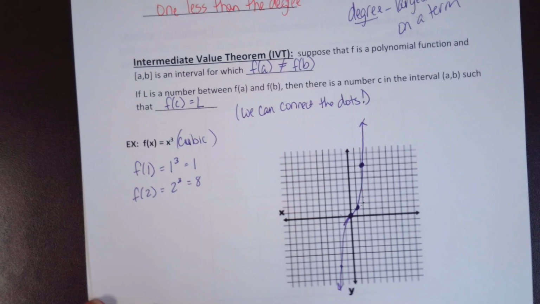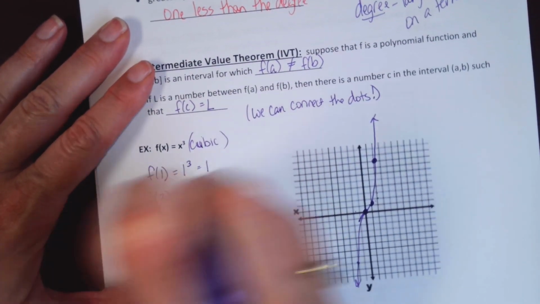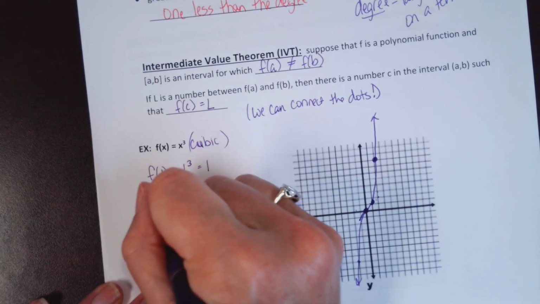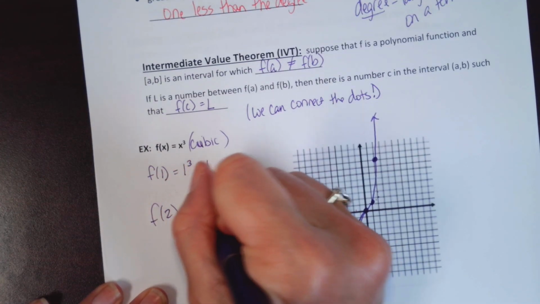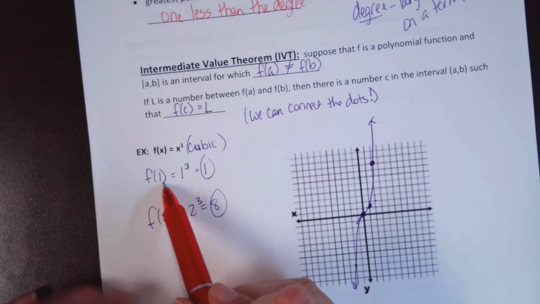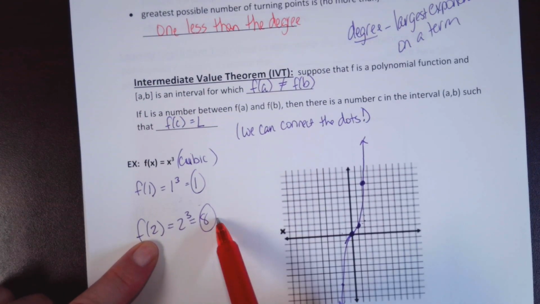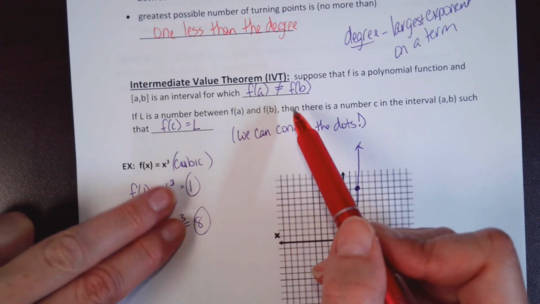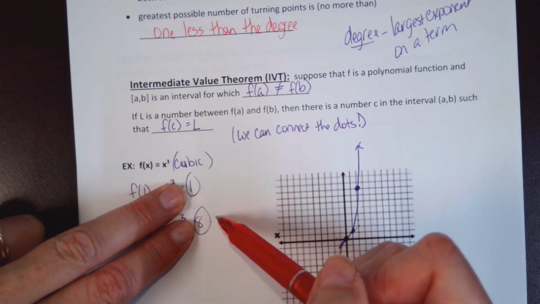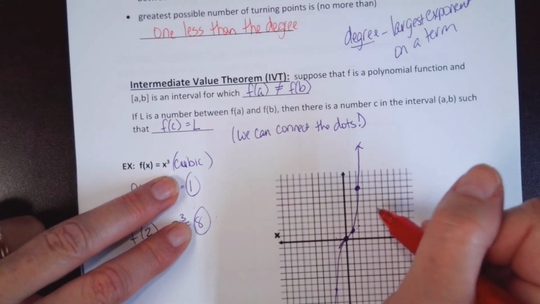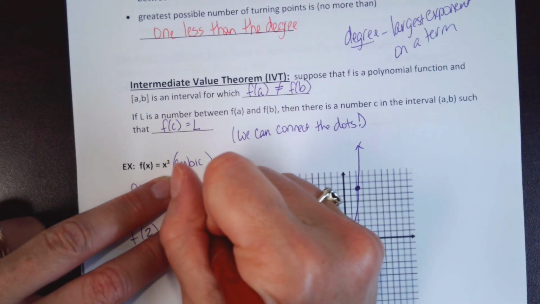Okay? Let me come back in here, and just to illustrate, I'm going to move this down. f(2) equals 2 cubed is 8. So I plugged in 1 and I got 1. I plugged in 2 and I got 8. My intermediate value theorem says that since these numbers are not the same, there is some number in here, let's say pick between 1 and 8, let's pick 5.